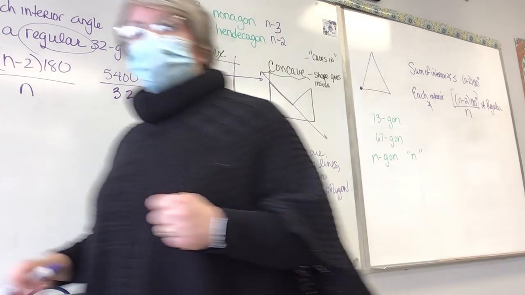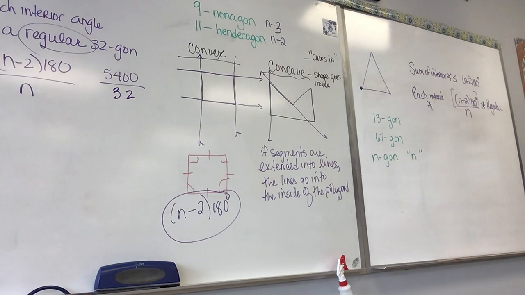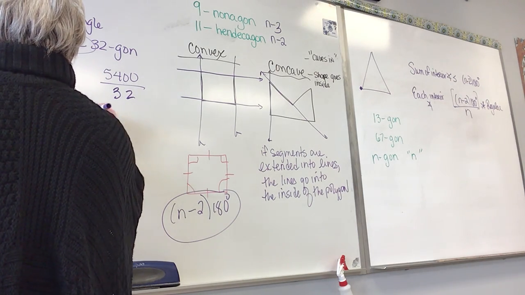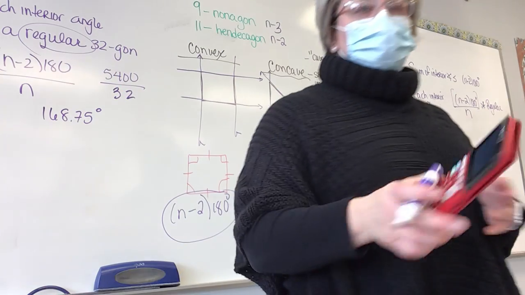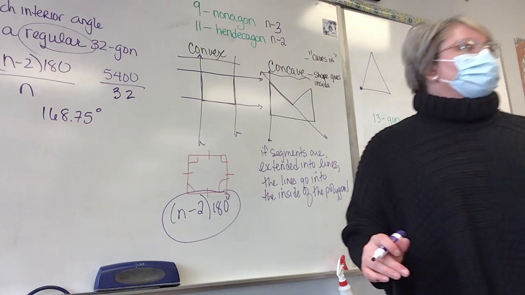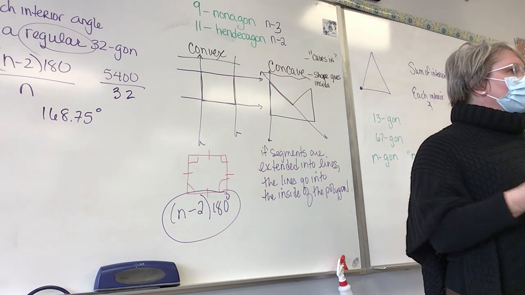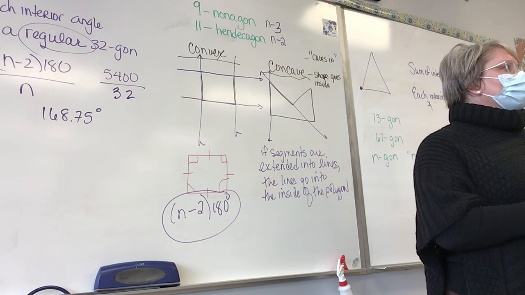So go ahead and take 5,400. Do we have a decimal? 168.75? Yeah. Each. Do you see the language between the total and then each interior? Sound good?